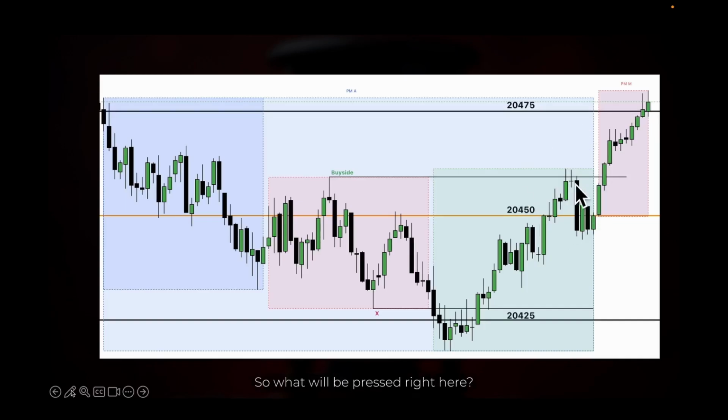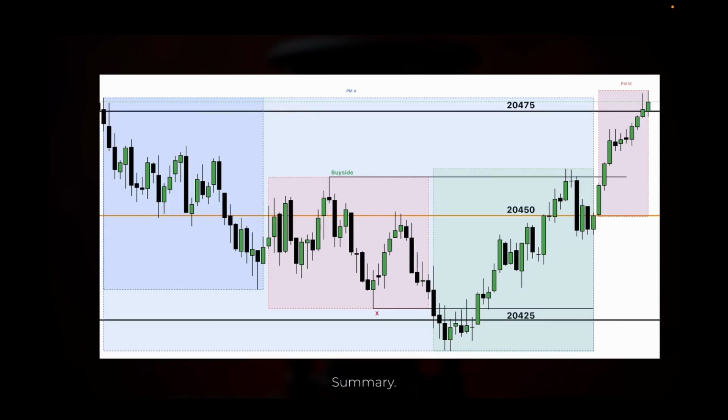So what will be present right here? This will be a lower time frame market maker buy model. Do you see how I just blended everything with each other? This whole lecture? Yep. Beautiful, isn't it? We see the market expand towards the upside and it's drawn towards the 20,475 price level. And that is the trade idea done.